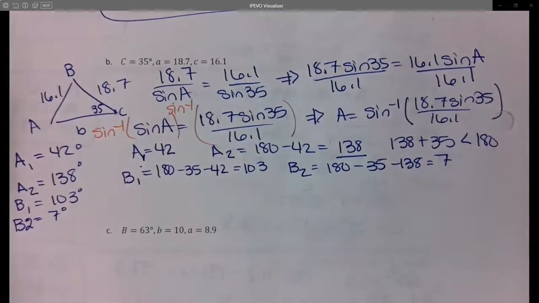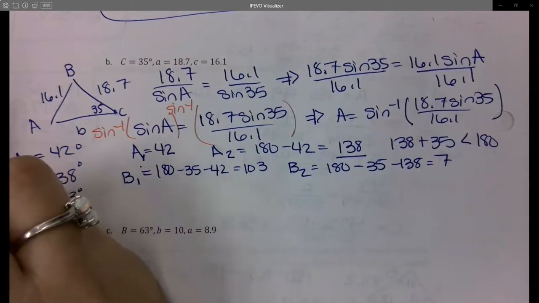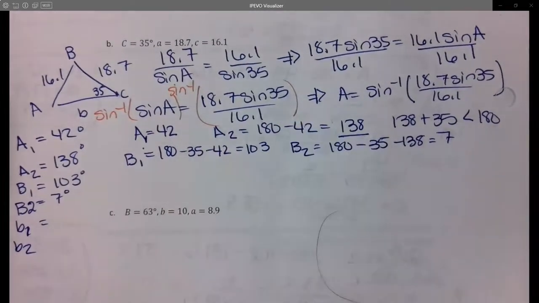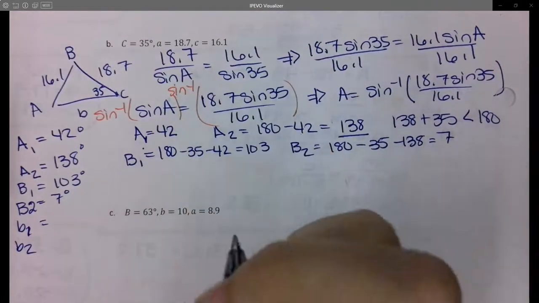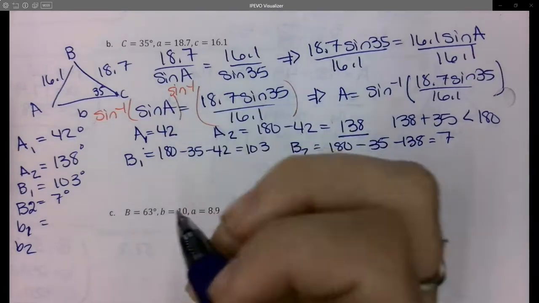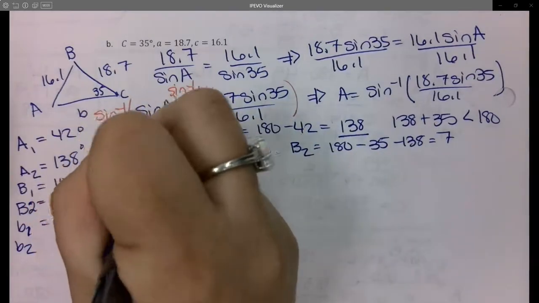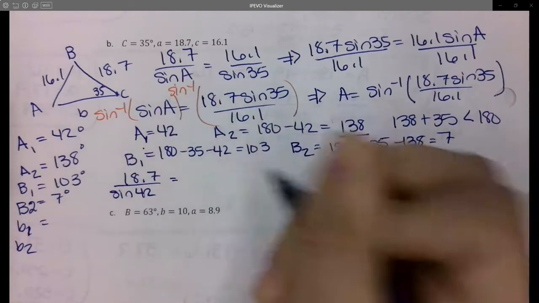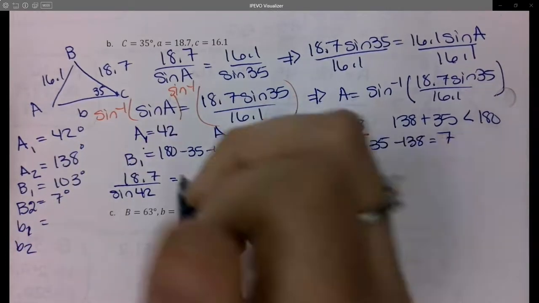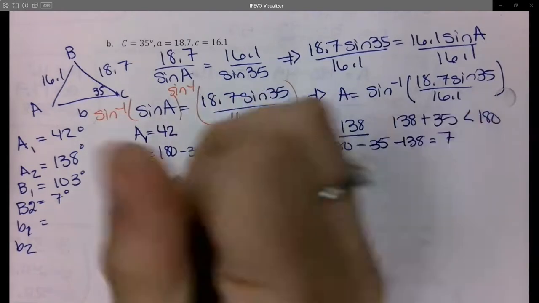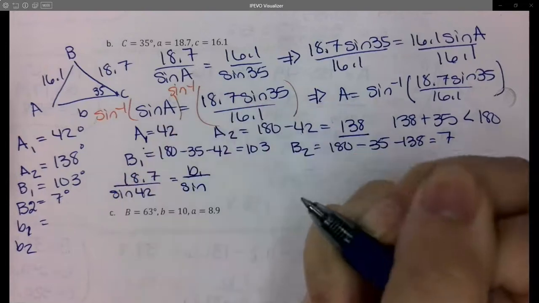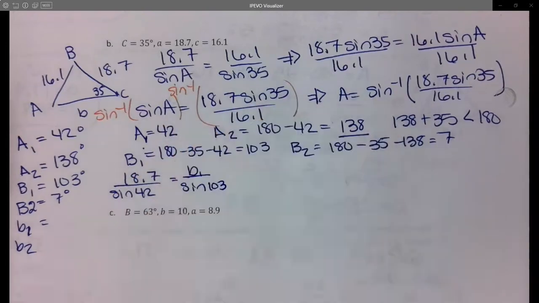Those were all angle measures. Then I need to go ahead and figure out my side lengths for B1 and B2. So I'm going to use law of sines. I know for A, I have 18.7, and my A1 is 42. This is going to equal B1 over sine of my B1, which was 103.